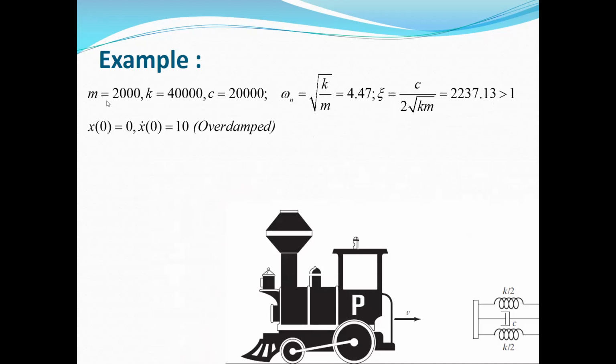For this problem, the equation of motion is 2000 x double dot plus c times x dot, which is 20,000 times x dot, plus 40,000 times x equal to 0, because in this problem there is no external force. Here we have one impact, which is considered as an initial condition, so there is no external force.